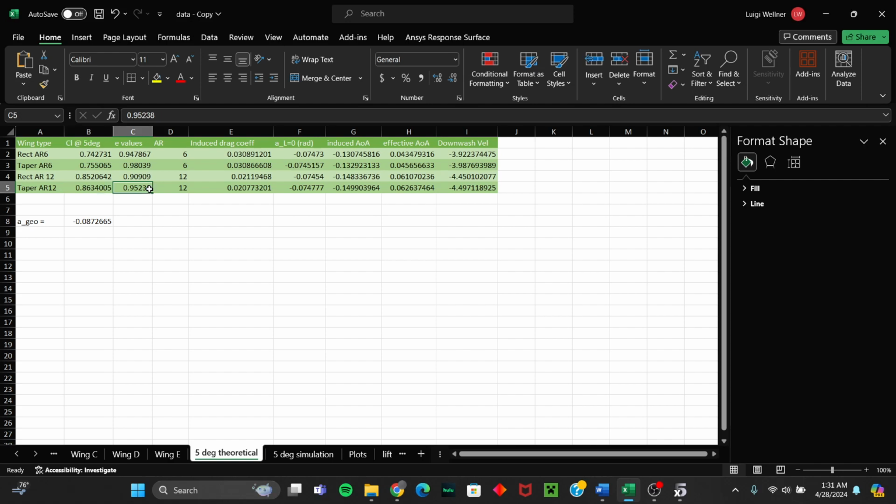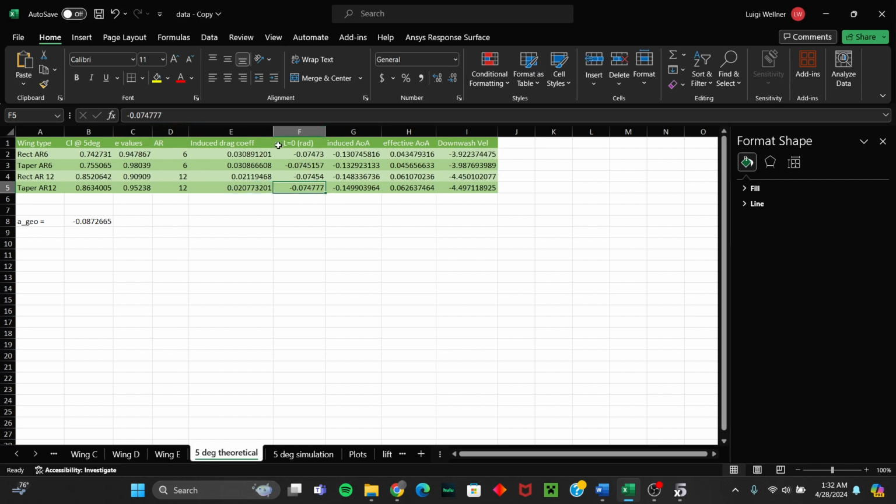To find the value, I went to the Oswald efficiency graph, and knowing the aspect ratio and the taper ratio, I found the efficiency value, and then I found the induced drag coefficient from that, which is basically lift coefficient squared divided by pi times the efficiency value times the aspect ratio.